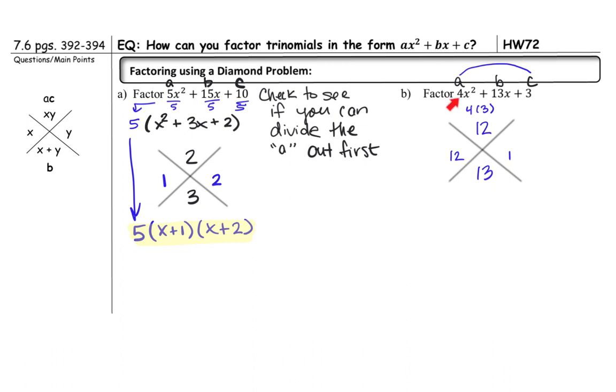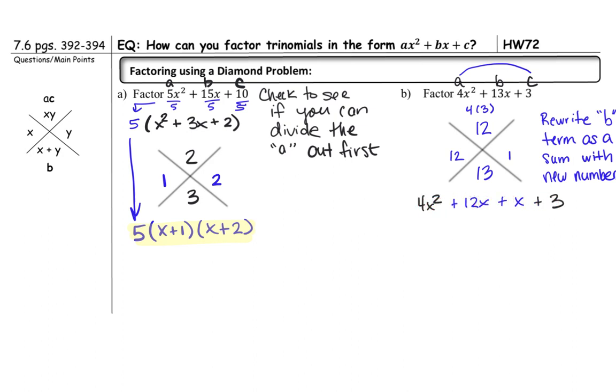So when we have an A term, the factoring is a little different here. We're not going to use x plus 12 and x plus 1 because there's a coefficient here. So what I'm going to do is take this 13x and rewrite it as 12x plus 1x. And that's going to create a polynomial with 4 terms.